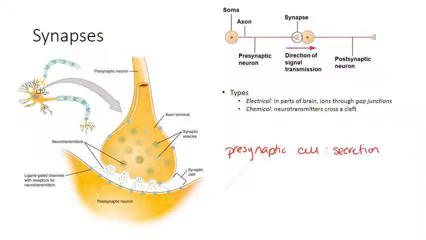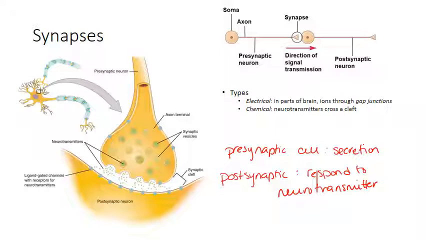So it is going to be secreting our neurotransmitter. The neurotransmitter is that chemical signal. The chemical signal or the neurotransmitter is going to move across our synaptic cleft, just like we saw with our muscle cells. The cell that is receiving the neurotransmitter stimulation is postsynaptic. And so it is going to respond to the neurotransmitter.